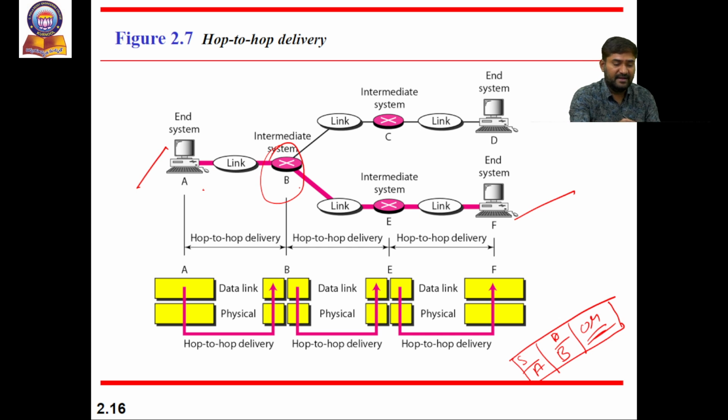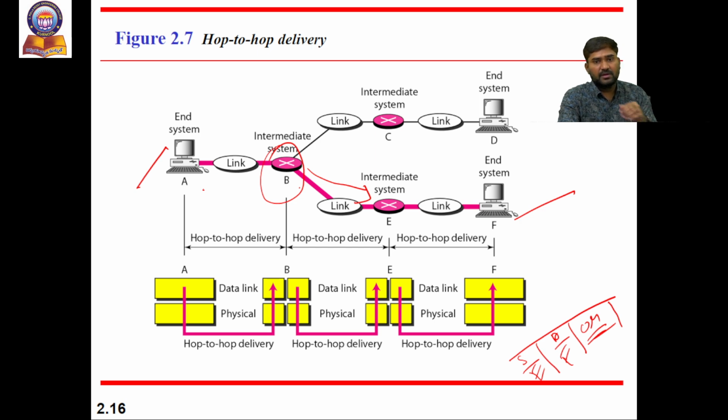Clear? When my packet is received at B, the source address and destination address are changed. The source address now is B and the destination is the next one, E. When my packet is received at E, the source address is changed to E and the destination address is changed to F. Like that, the data link layer is responsible for moving my packet to the next hop.